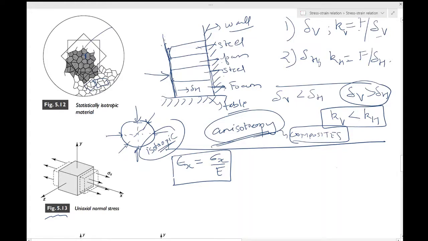The definitions will be slightly more expanded over there, because we hadn't actually introduced the terms stress and strain by that time. The strain will be seen as deformation divided by the length L, and the stress sigma x will be seen as force P divided by the area A.